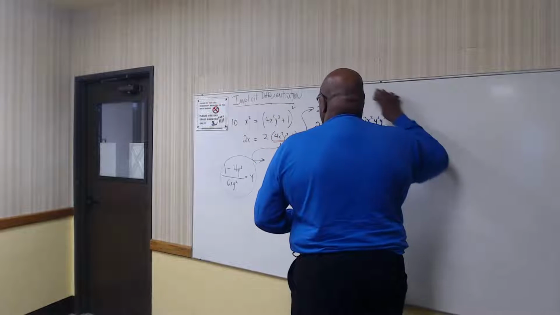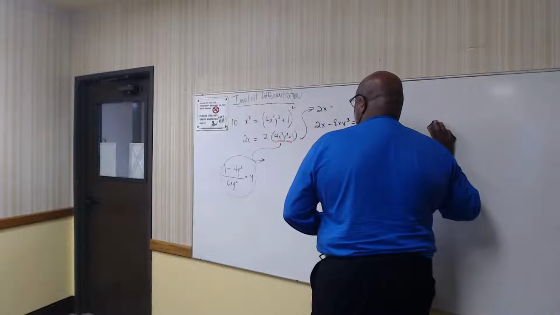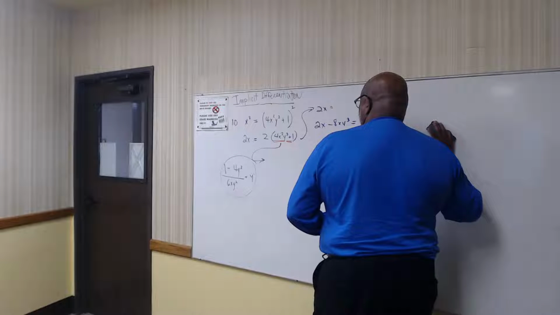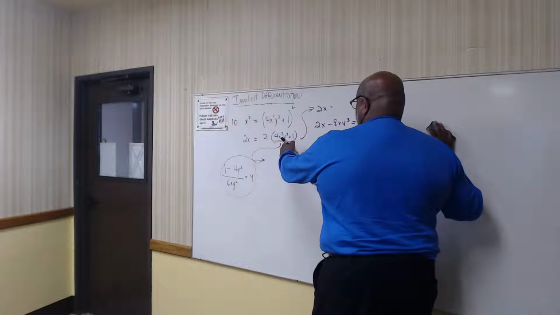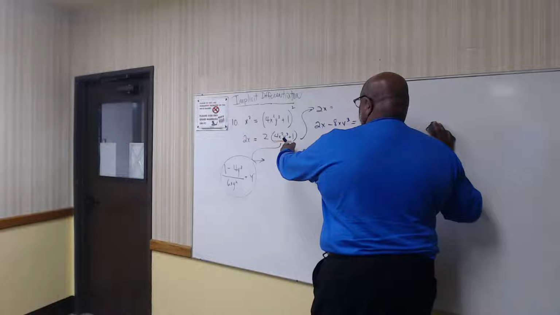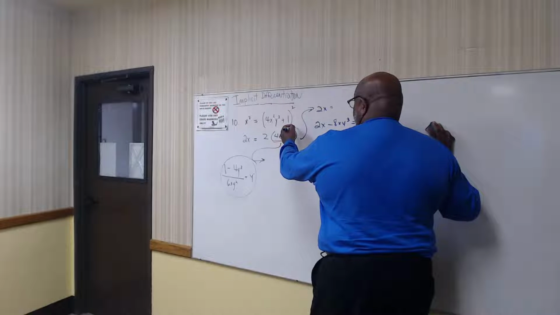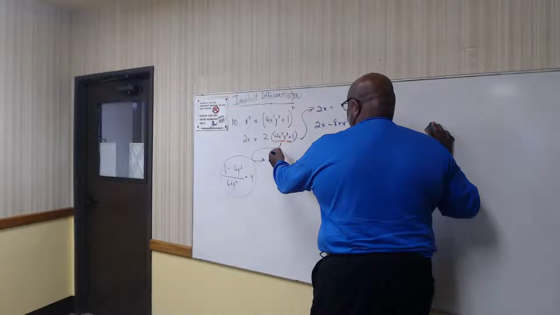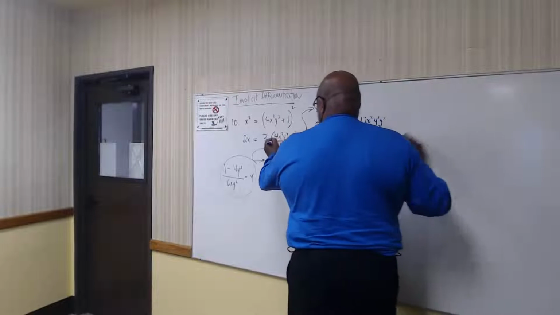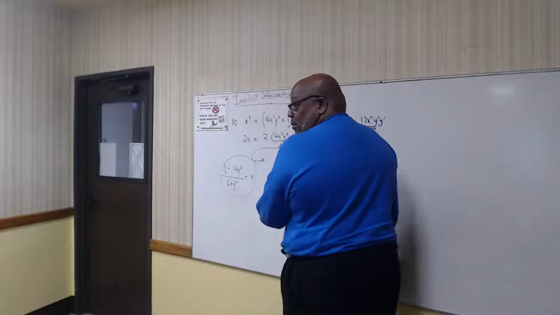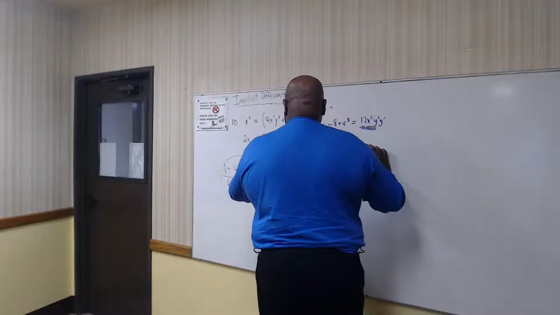So 2x is equal to, that I distributed. Oh, no, I didn't. Let's see here. It's 2x is equal to this. This is a derivative. You see this? You got to say 2x times the derivative of this. So what's the derivative of this? And that's why I erased here, remember? So let me write it down.